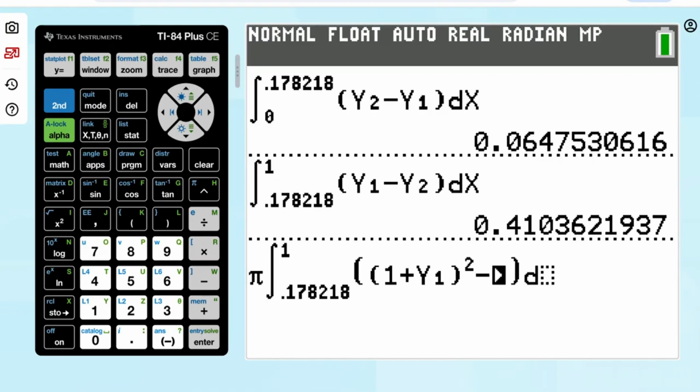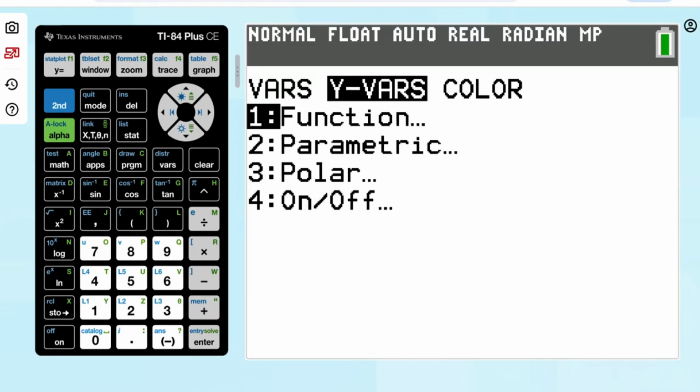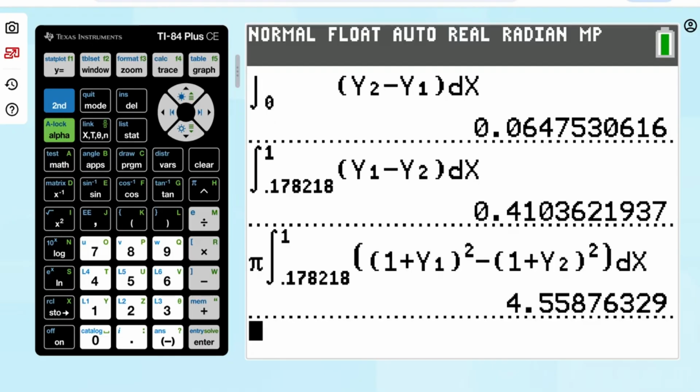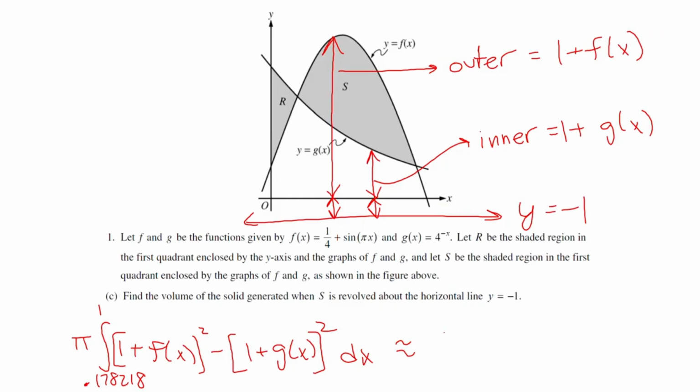And then minus, and then a parenthesis for our second one, 1 plus, same thing, VARS, second column. Now we want y2 squared, and then dx out there at the end. And we end up getting 4.559 as our final answer.